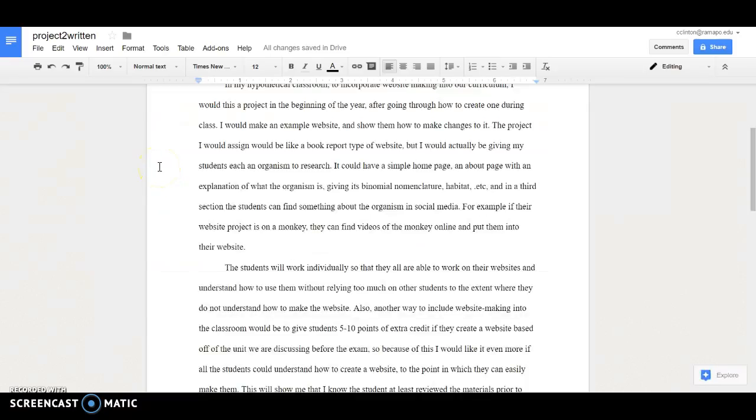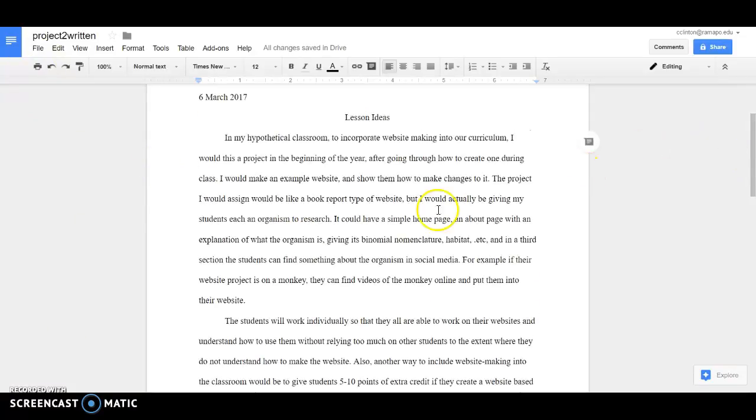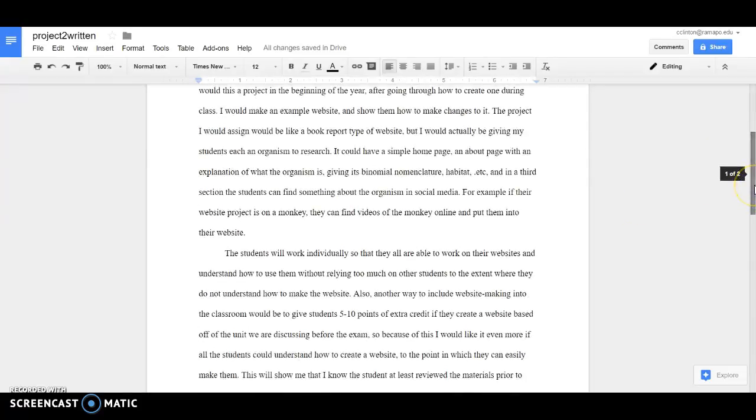And for further use of website making, my idea was to incorporate it as a project at the beginning of the year with my students. For biology, they could make individual projects. They each get assigned an animal or plant or something, and they could do a sort of book report type of thing.